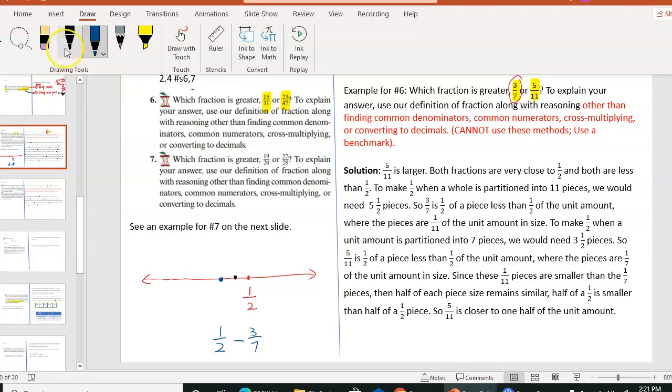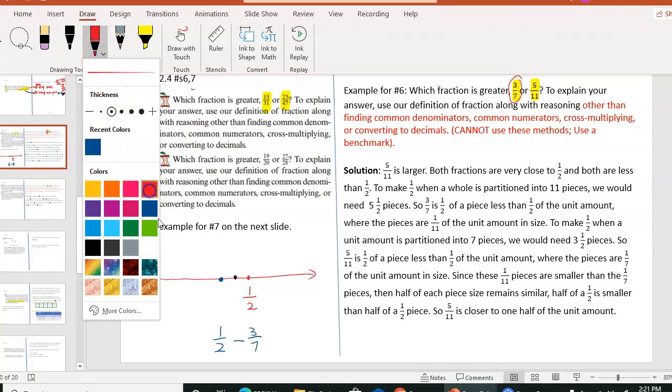So what we can do is think of it this way. One thing we need to know is when we do subtraction, if they have different denominators, we cannot subtract them. So I am going to change the denominator from 2 to 7. The form is actually not going to be like this, but this way we're not really asked to do subtraction.